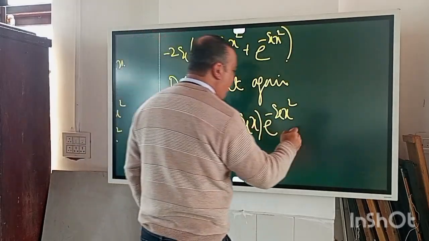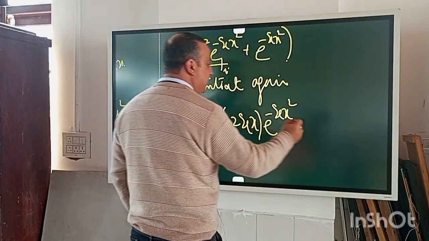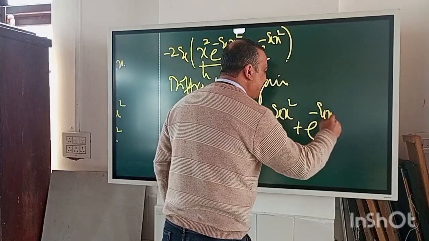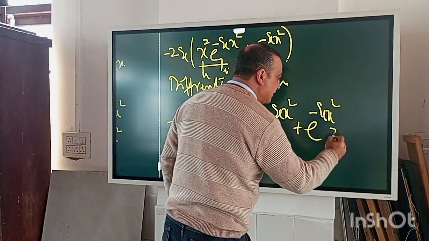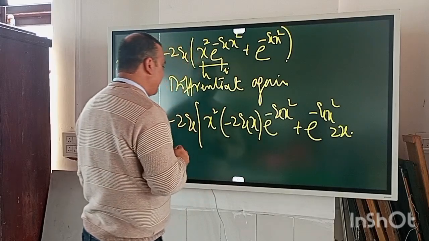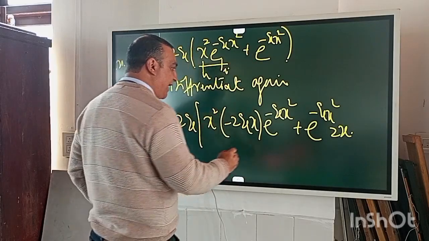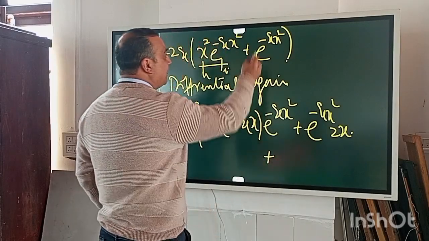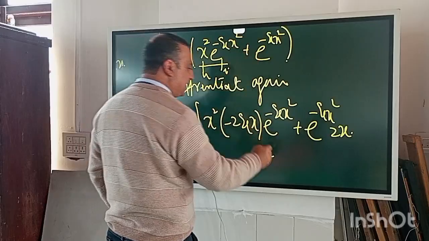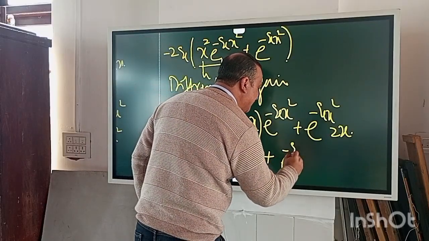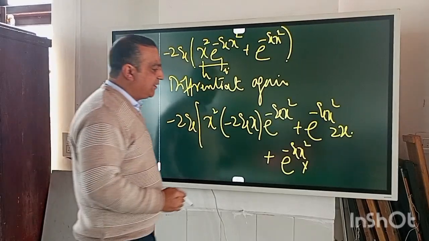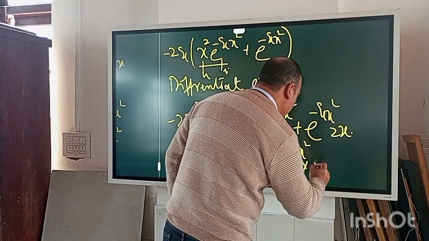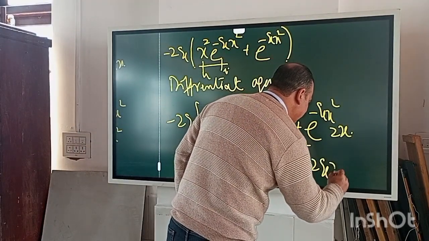Then again you will have plus e to the power of minus zeta x squared remaining as it is, into the derivative of x squared, which is 2x. So here I'm going to get 2x, and then I have this exponential function, plus the exponential function e to the power of minus zeta x squared, and you will multiply this by 2 zeta x.